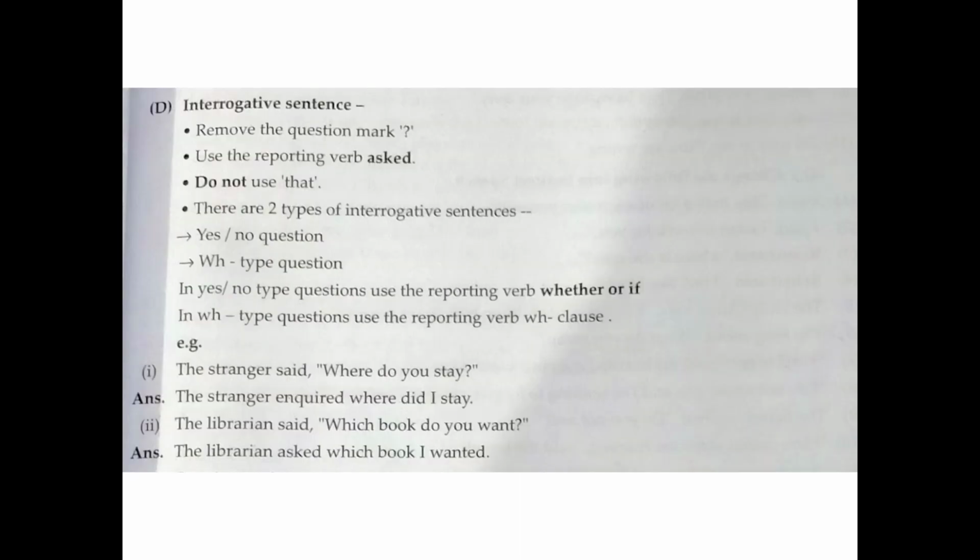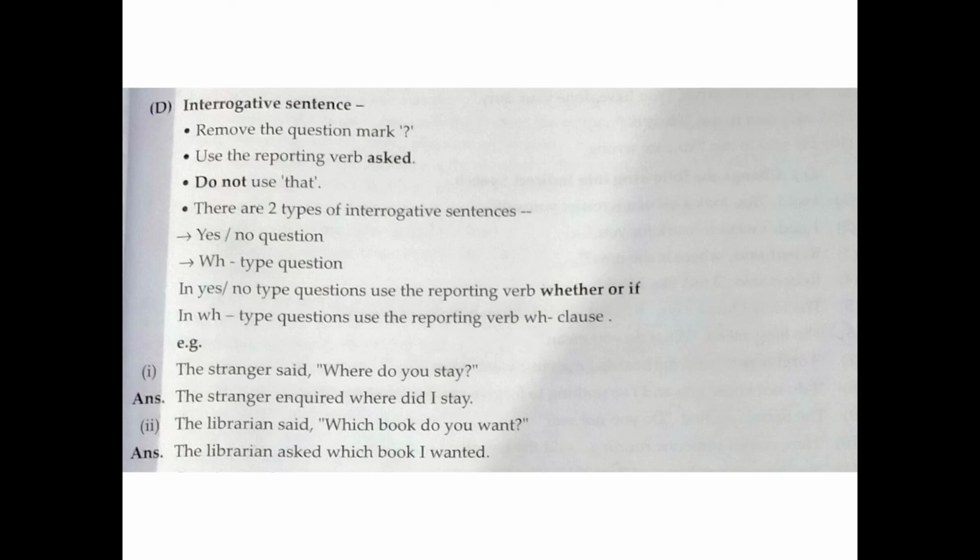Now the next one is the interrogative sentence. There are two types of interrogation: first is WH type and yes-no type also. First of all, the rule is to remove the question mark and use the reporting verb asked, because this is a question, and here also we will not use that.